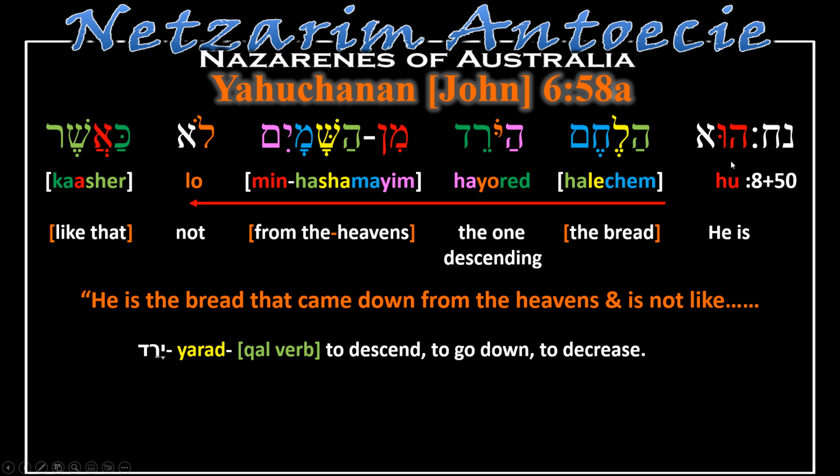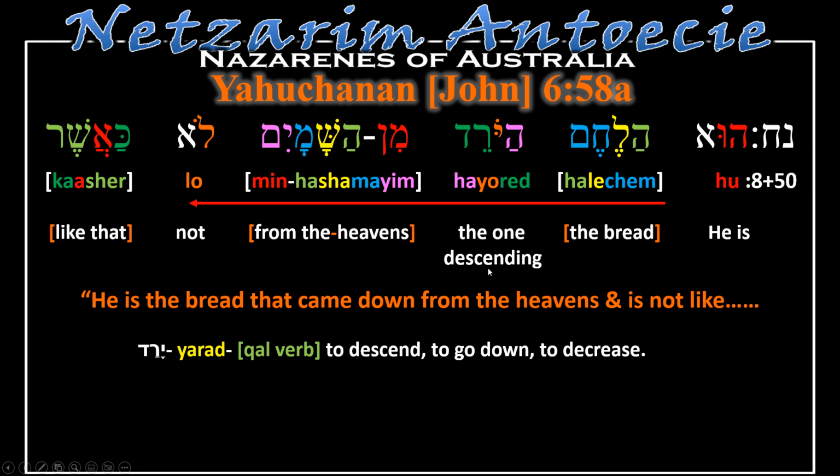And so we read it. Hu, meaning he or he is. Now it could be it is, because hu can be used for it as well. But in this case, he's talking about himself. So he is ha-lechem, the bread. Ha-yored, the one descending.